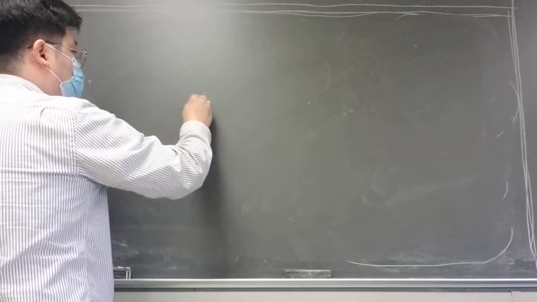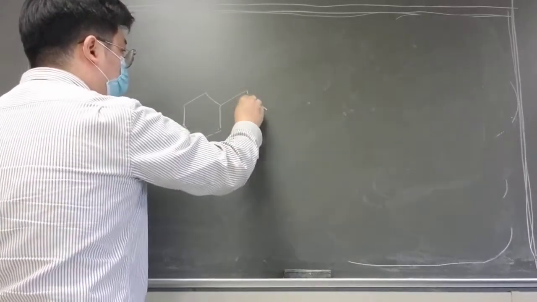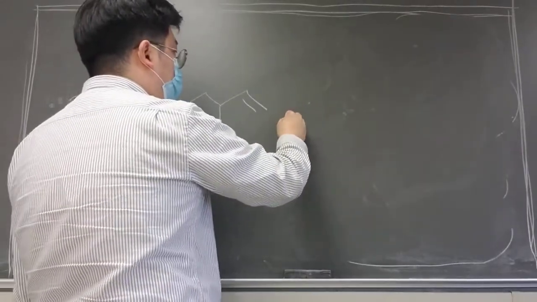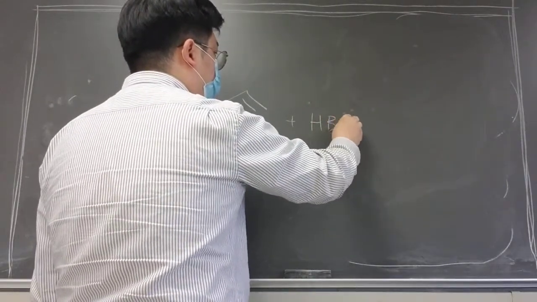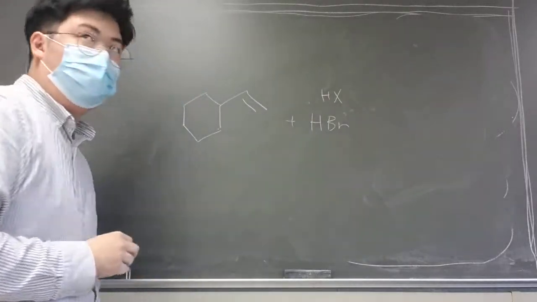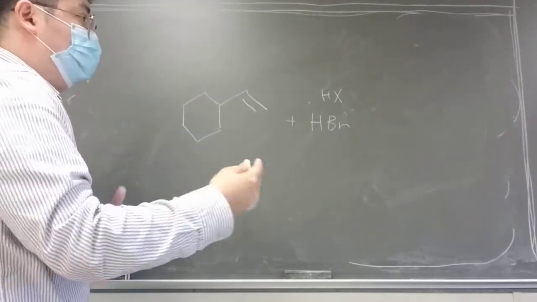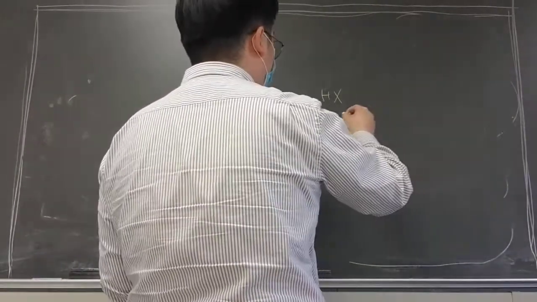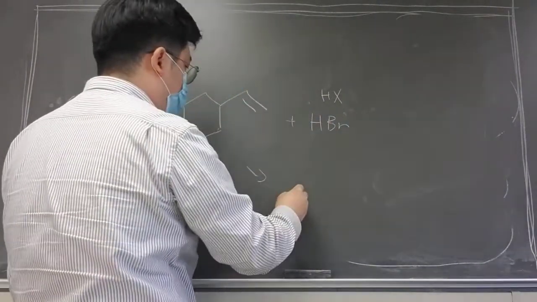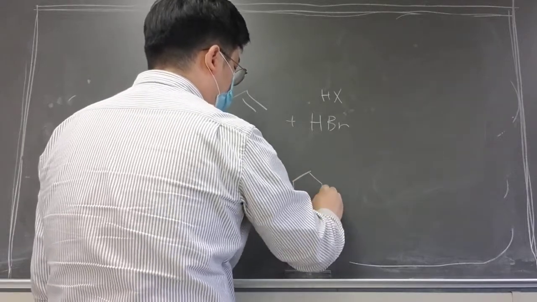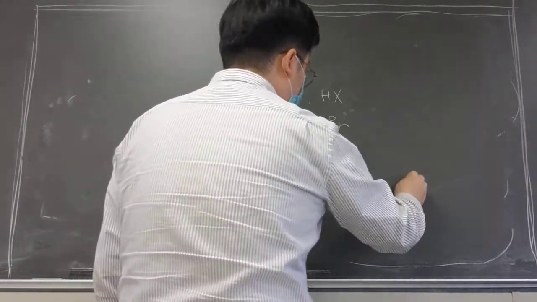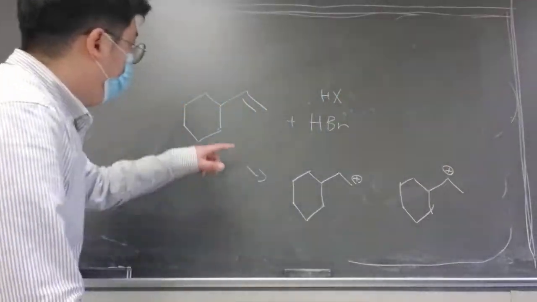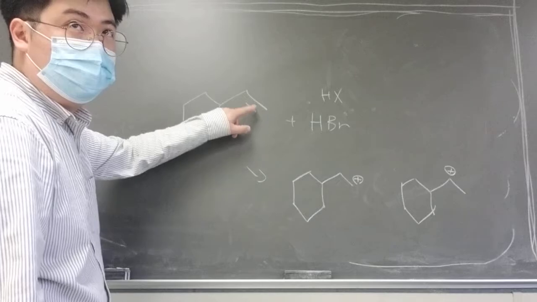So if you have this one, 1-methylcyclohexene, we have maybe the same HBr, like the same form, right? And then when you look at the transition state, or the step in the middle of the reaction, you have two choices. Either this is where you can find the carbons in a double bond here.